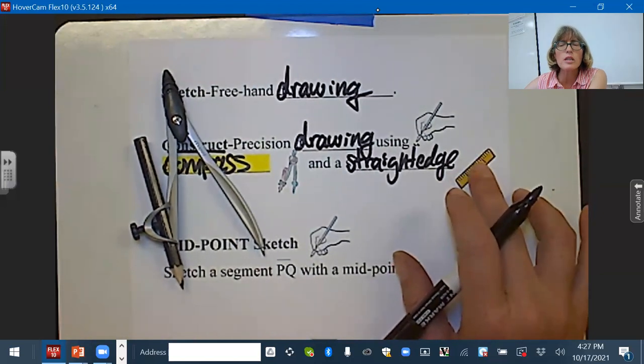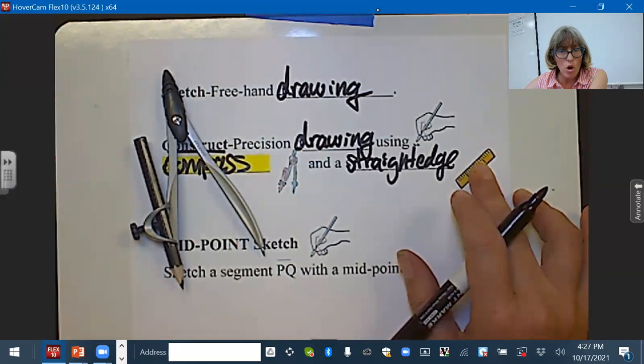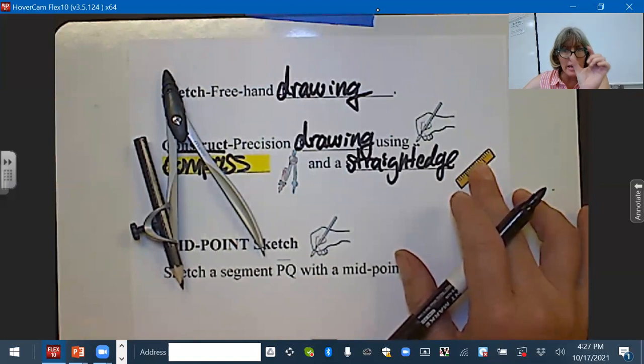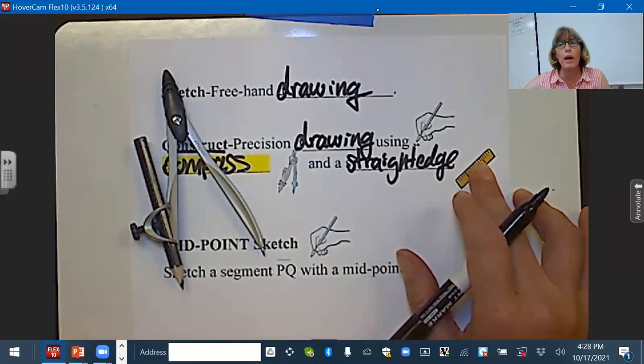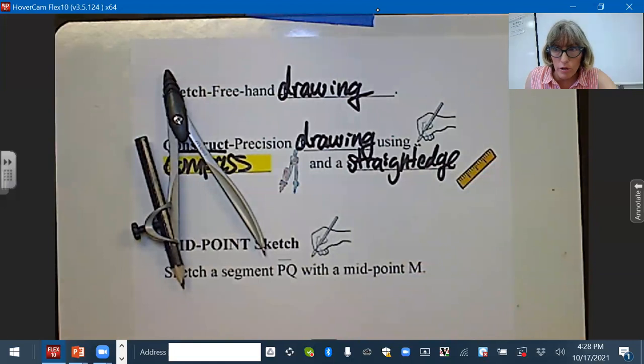They've been doing constructions for hundreds and hundreds of years. It's a very ancient drawing technique that enabled people to do very accurate drawings with accurate right angles, accurate bisectors, when we did not even have numerical rulers or a protractor.